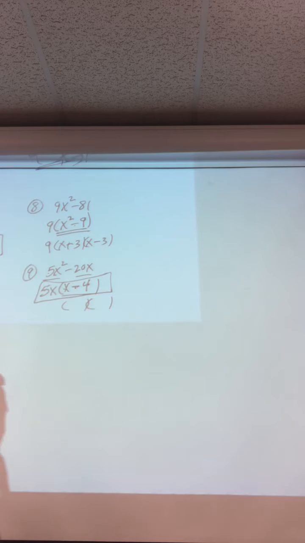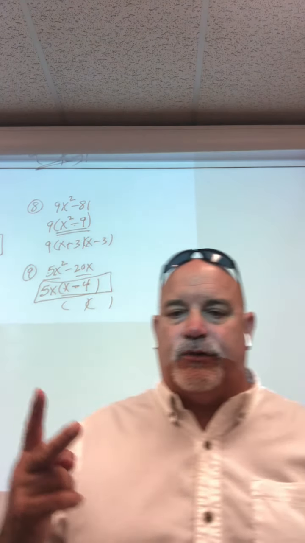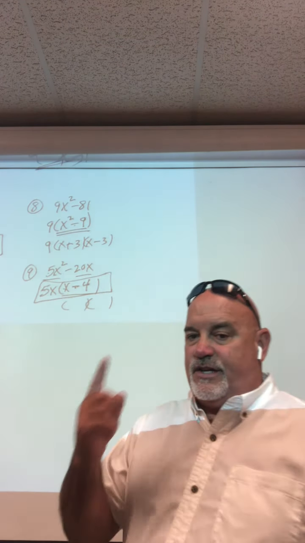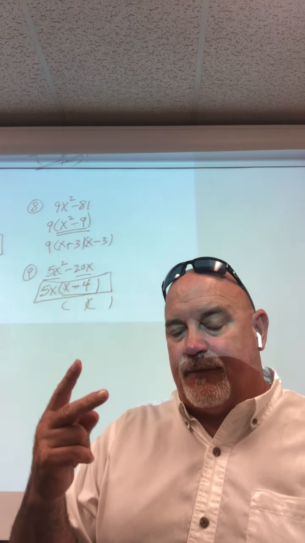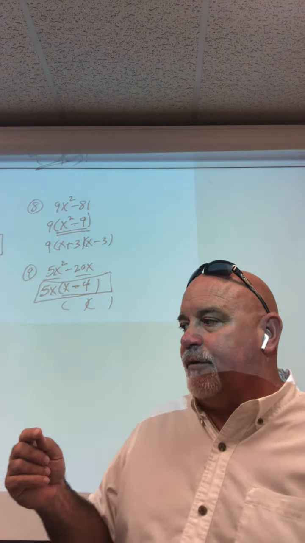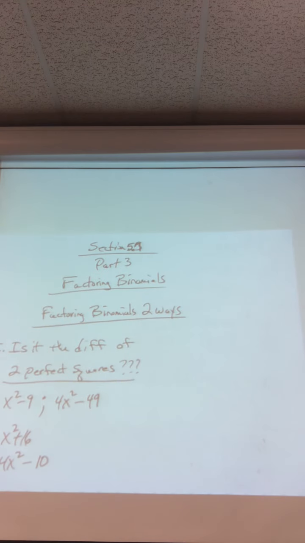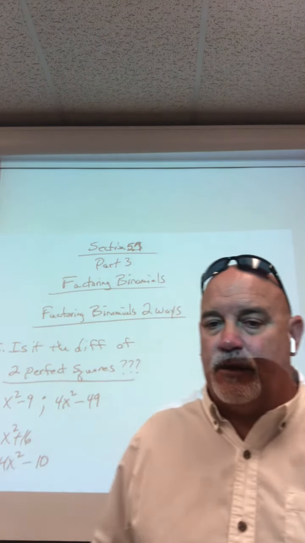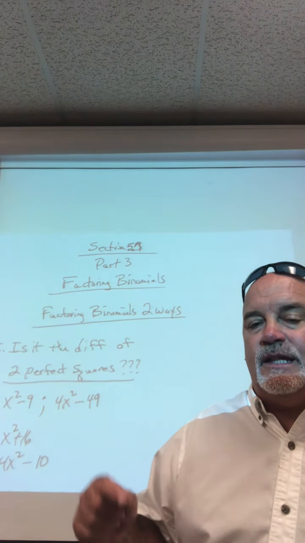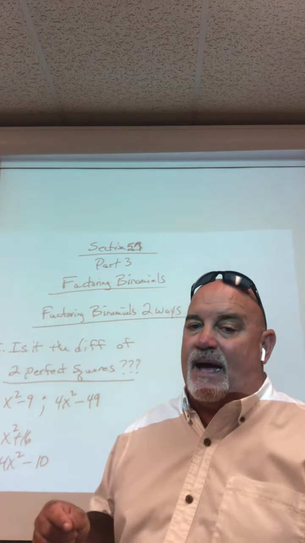So factoring binomials, there's two things that we watch for: GCF and difference of two perfect squares. Now, if you'll remember, I began this lecture by telling you that when we factor binomials, there's two ways. The first way was difference of two perfect squares. There's actually one other thing that we have to check for in binomials.